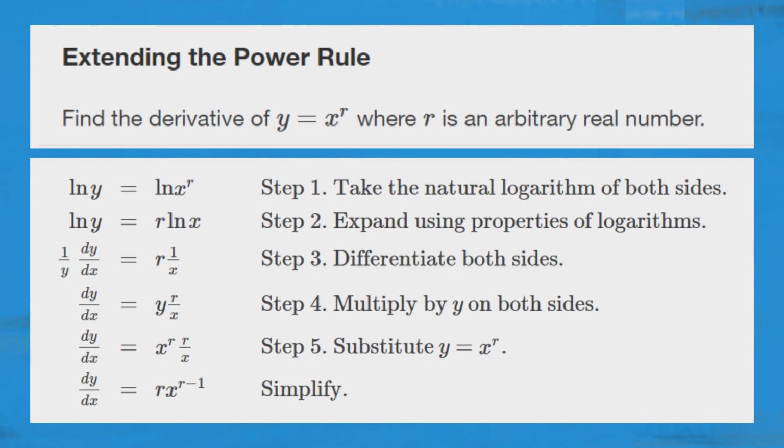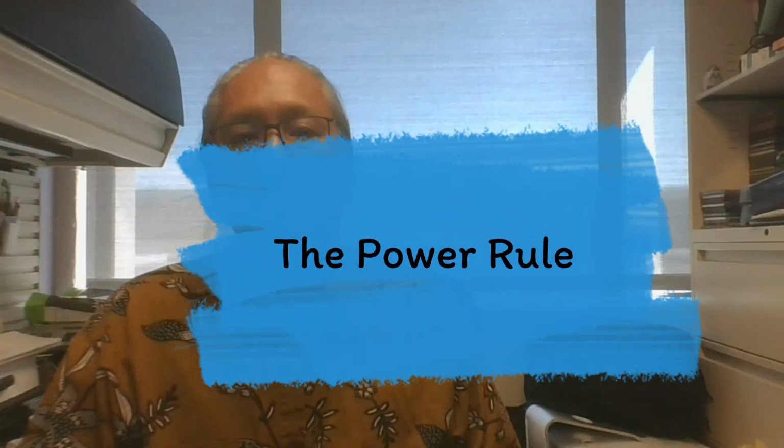But what's y equal to? y is equal to x to the r, and then you have x to the r divided by x, which is essentially x to the r minus 1. And again, the constant r is just going to remain there. So the derivative of x to the r is going to be r times x to the r minus 1. And without logarithmic differentiation, we wouldn't be able to finally prove this final version of the power rule.